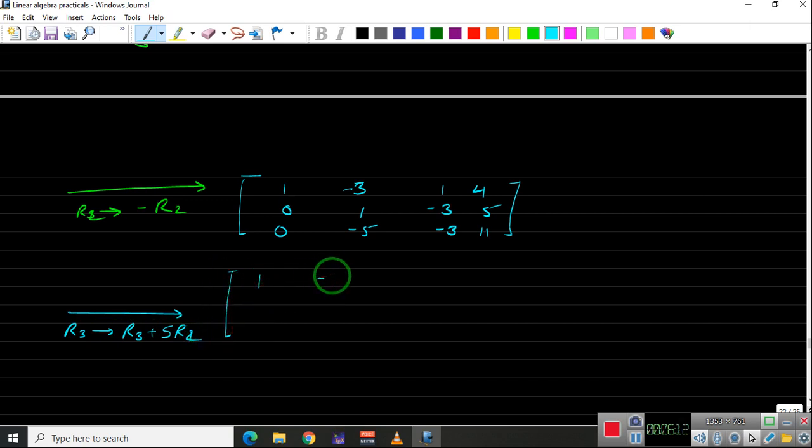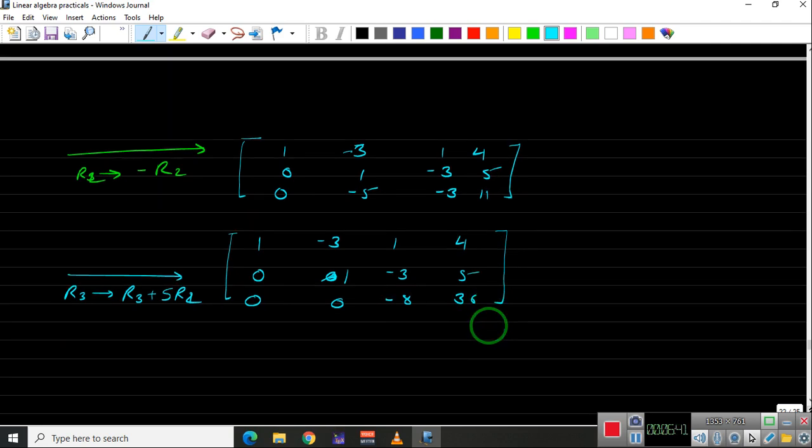The first two rows remain as they are, this becomes 0, and multiplying R2 by 5 we get 15 minus 15 and minus 18, and 25 plus 11 is 36.